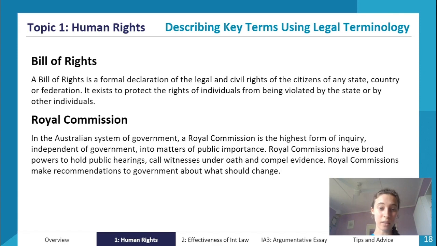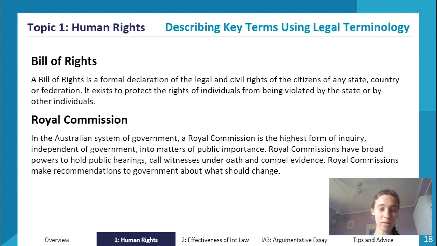So, it exists to protect those rights of individuals from being violated by the state or other individuals. So, it's saying this is what your rights are, and because that's written down in this formal declaration, that helps to protect you as well. So if you're not getting those rights, then something can potentially be done about that.